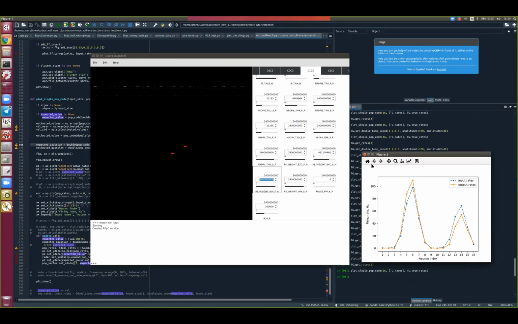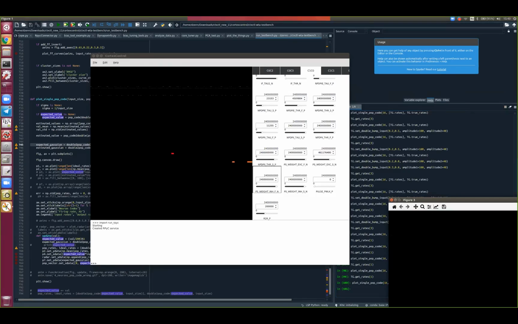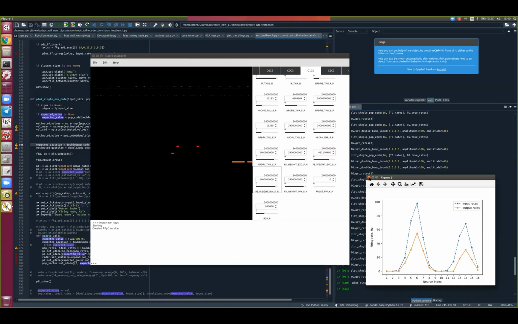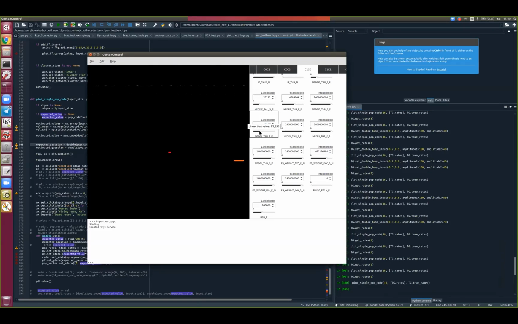Well, now it's just following, and I think I just had higher rates over here. But now, yes, excitation and inhibition are quite strong.